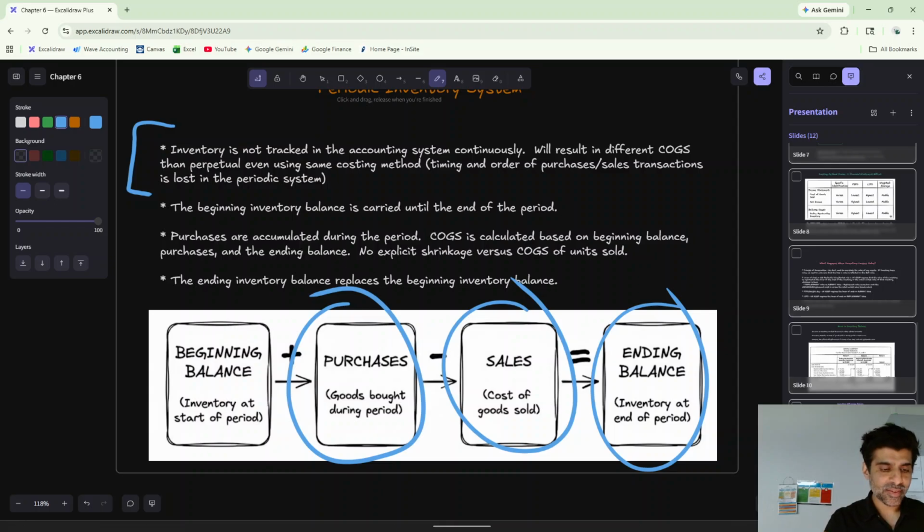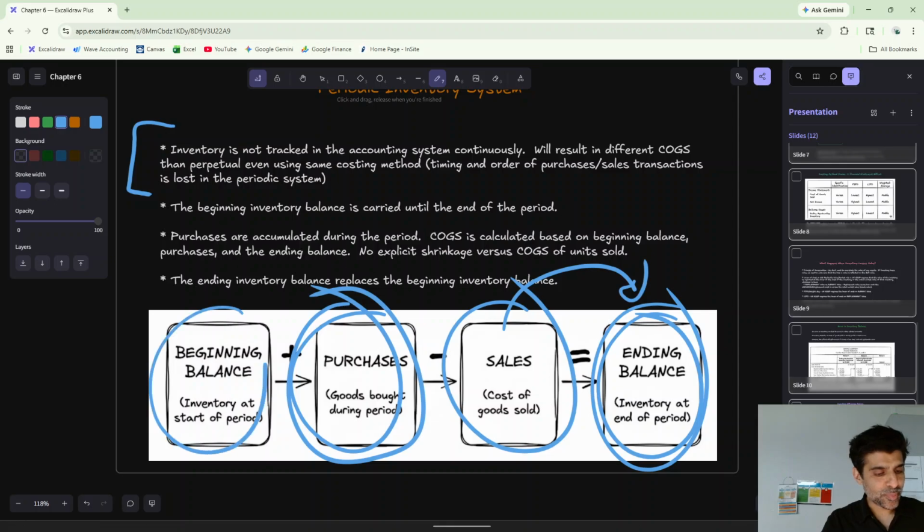Between all these things, you're gonna get your cost of goods sold. You're gonna count this, you're gonna know how much you purchased from your vendor, and you're gonna use the beginning balance, which is the ending balance from the last period, and you're gonna use that to calculate this cost of goods sold. Okay, so it's kind of what I showed you in that last thing.